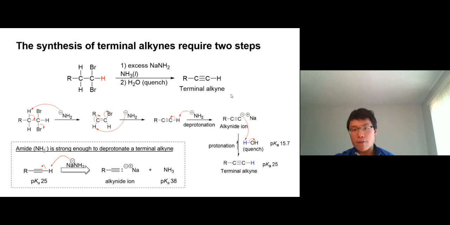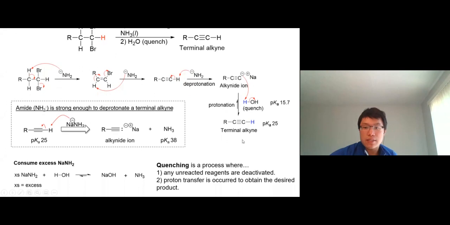There are two purposes of adding water, and we call this the quenching step. We just talked about this one, number 2: proton transfer to obtain the desired product. Because in the first step we don't get to the desired product, we have to add water to protonate that alkynide ion to get to the desired product, basically.